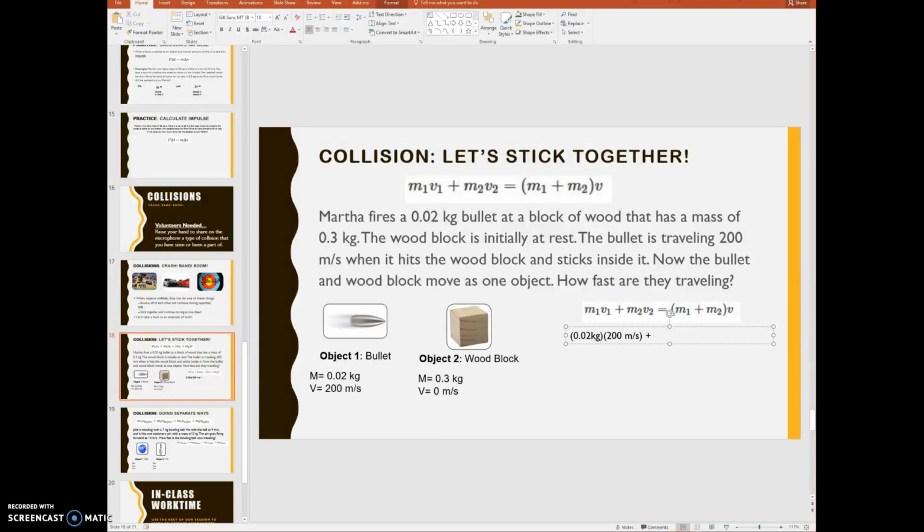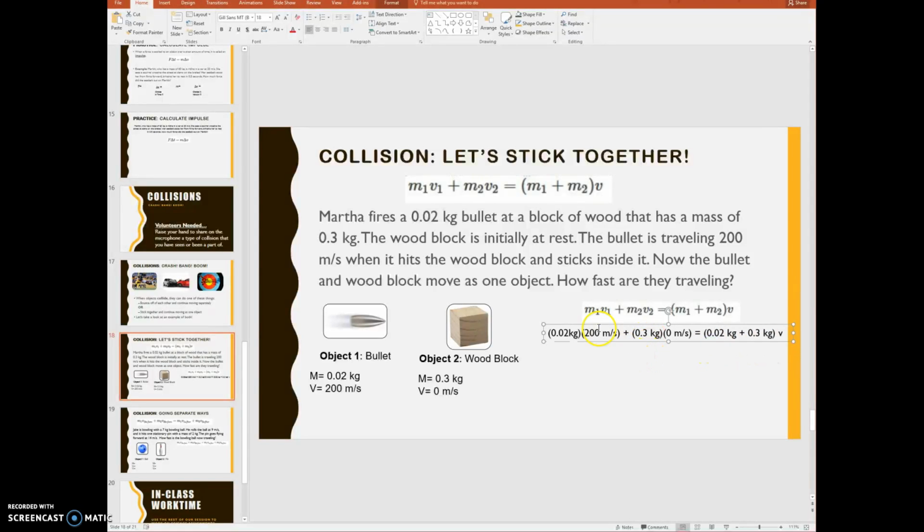I'm going to add that to m2, which is 0.3 kilograms, times v2, which is 0 meters per second. The left side of the equation is equal to both masses added together times their velocity. So the masses are 0.02 kilograms plus 0.3 kilograms, times v, because v is the number we are trying to find. We don't know what v is.